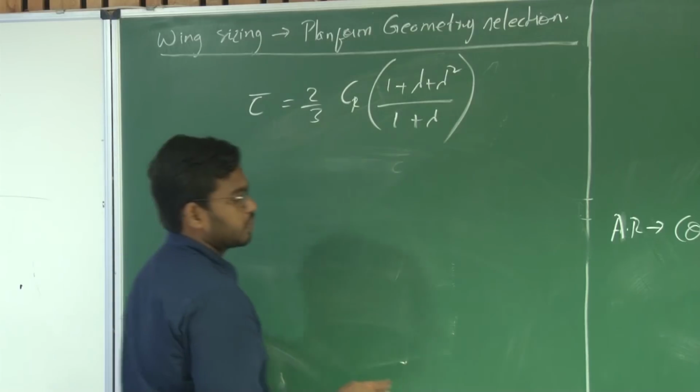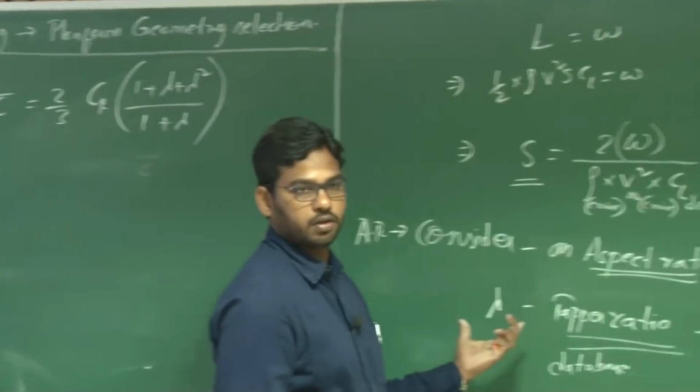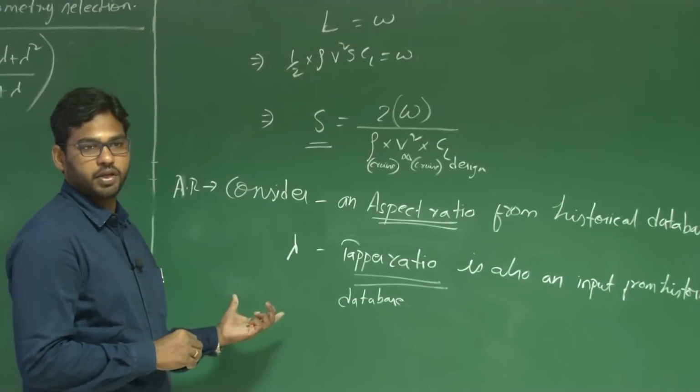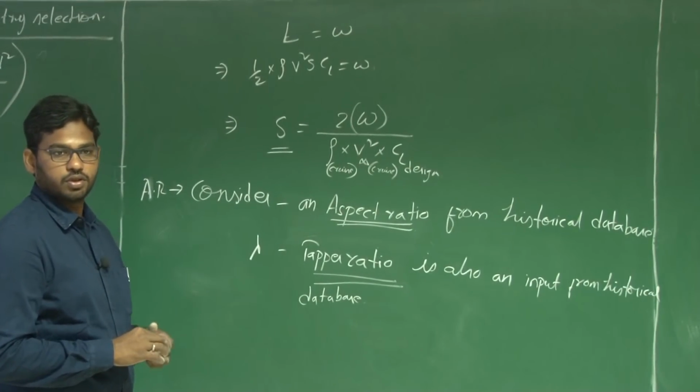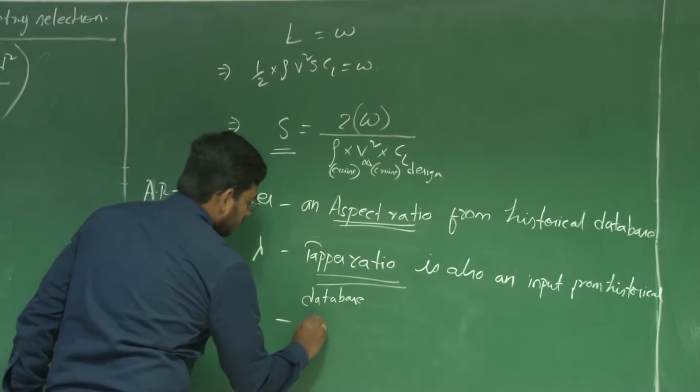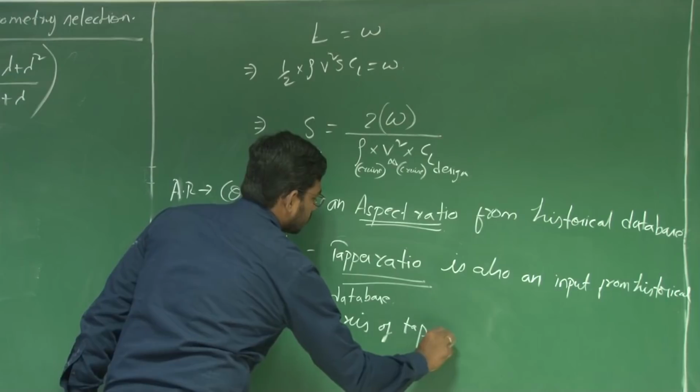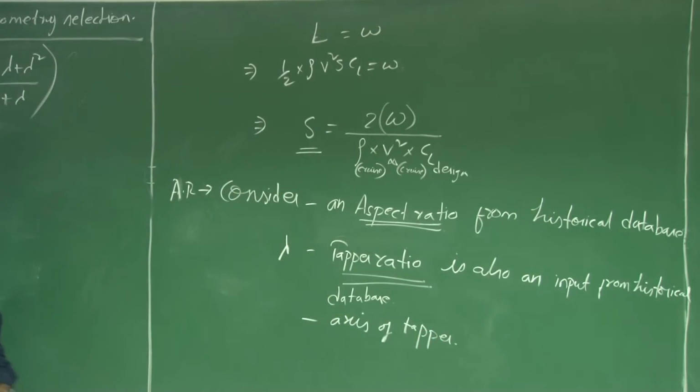Another piece of information that you require is taper. This taper is happening about a particular axis. You need to know the axis of taper. Now, let us take a small example.